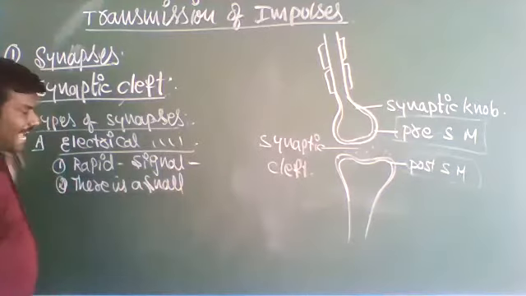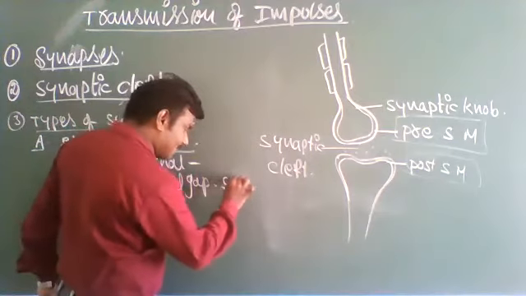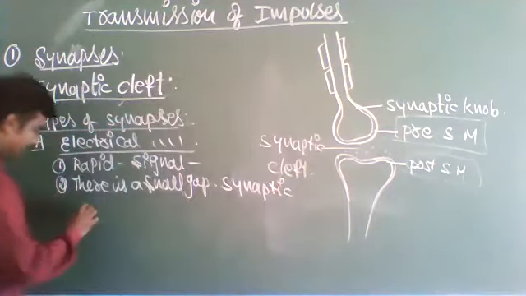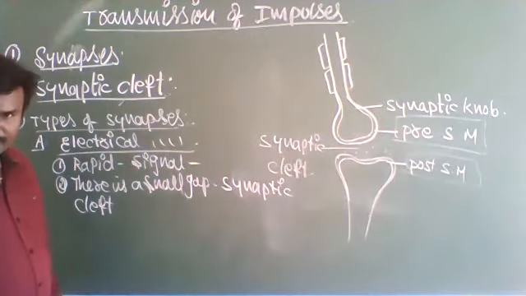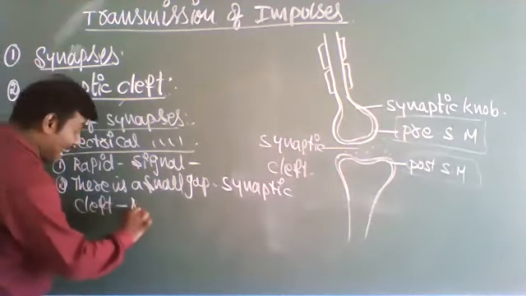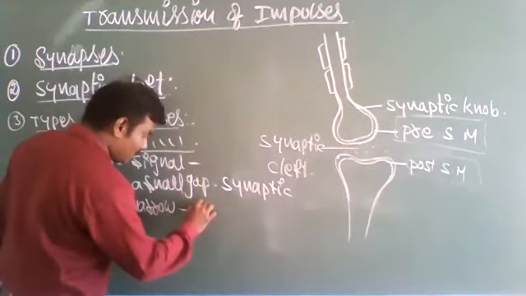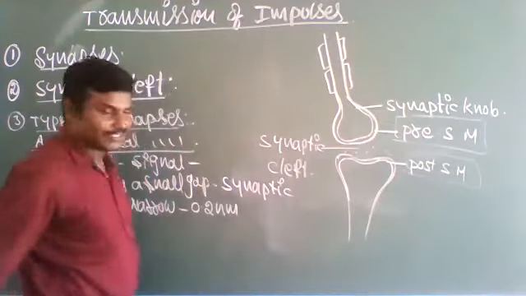There is a small gap, that is the synaptic cleft, and it is narrow, about 0.2 nanometers.